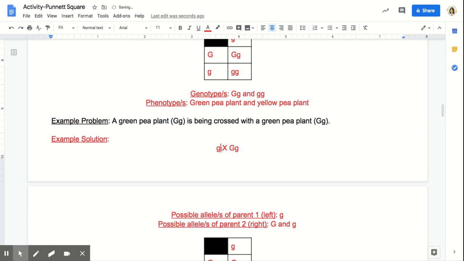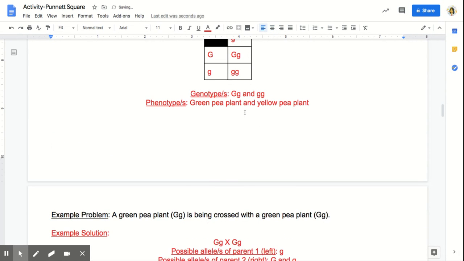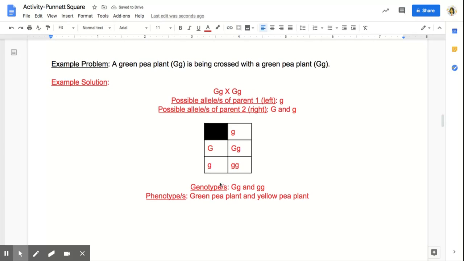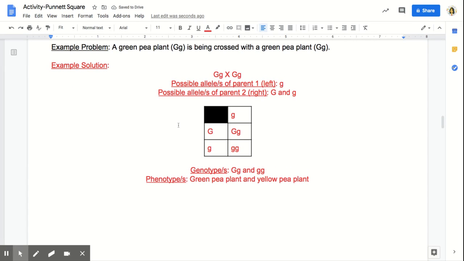So you're now gonna have both heterozygous parents. Just move it a little so you can see. So for the possible alleles of parent 1, there are already two of them: dominant allele and recessive allele. Since we did not change parent 2, it's going to be the same.